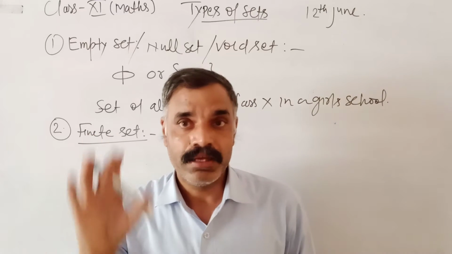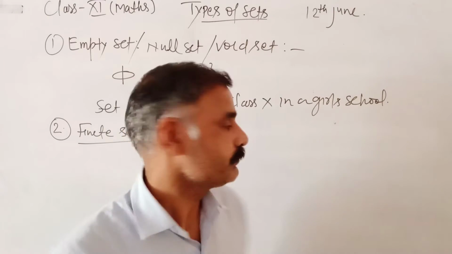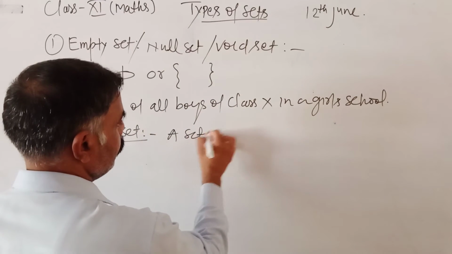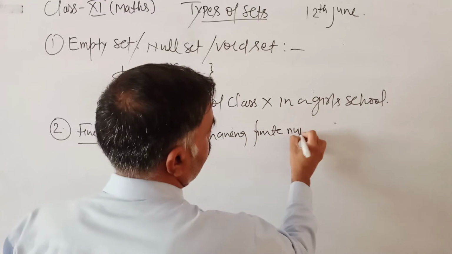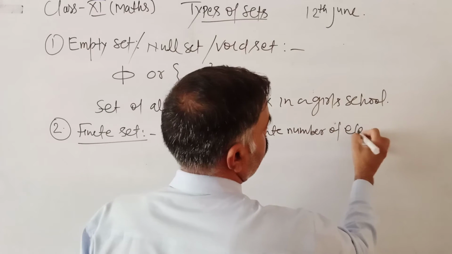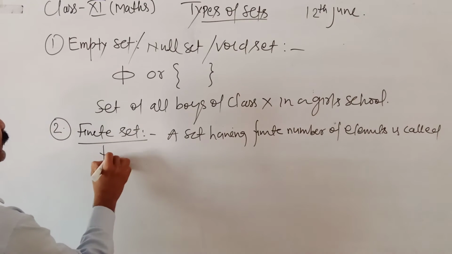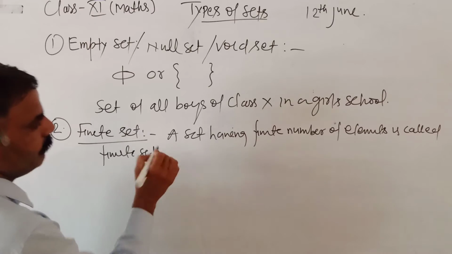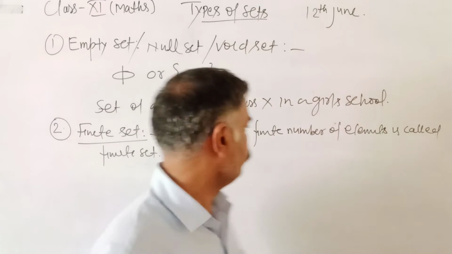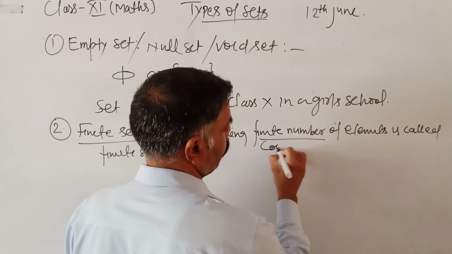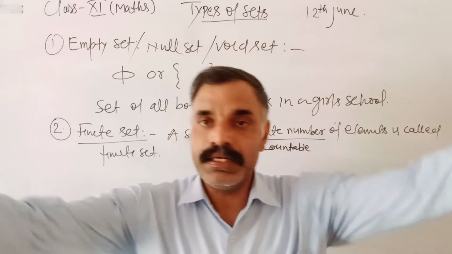A set having a countable number of elements, or a finite number of elements, is called a finite set.